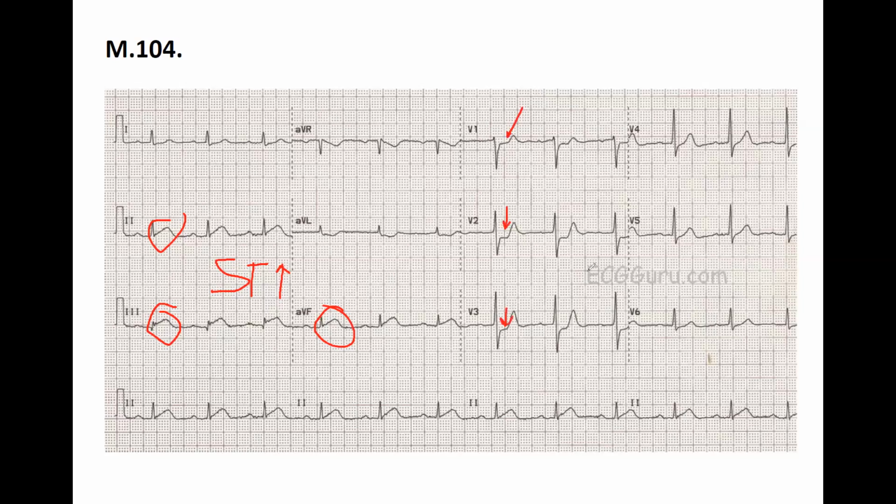ST depression in the anterior leads. And what does it mean if you do have an ST depression in the anterior leads? It's a posterior inferior. Exactly, because that's a mirror image of a posterior STEMI. All right.